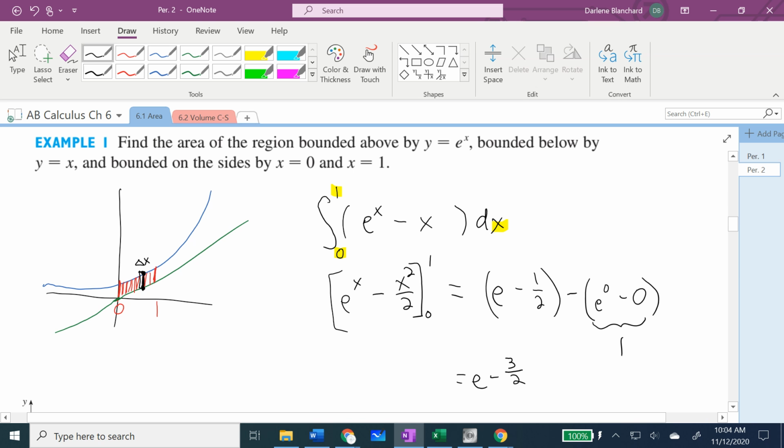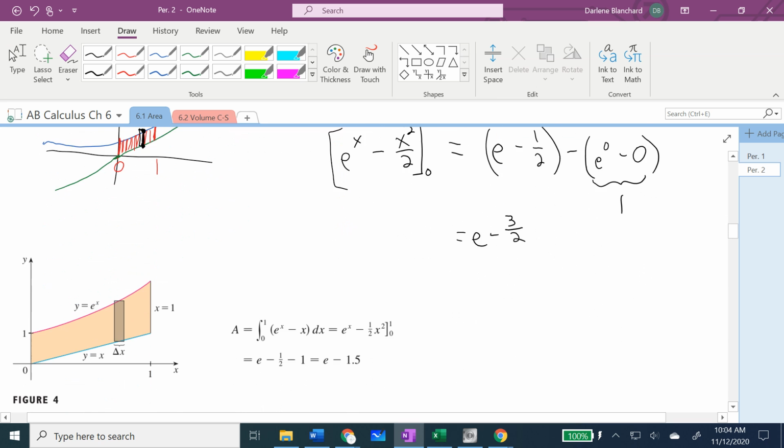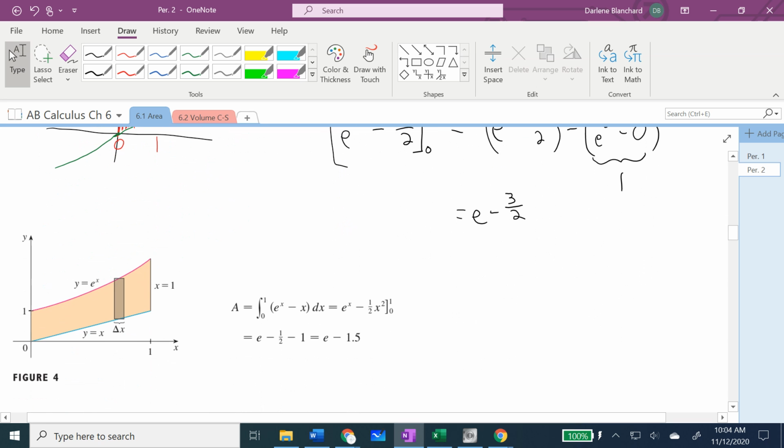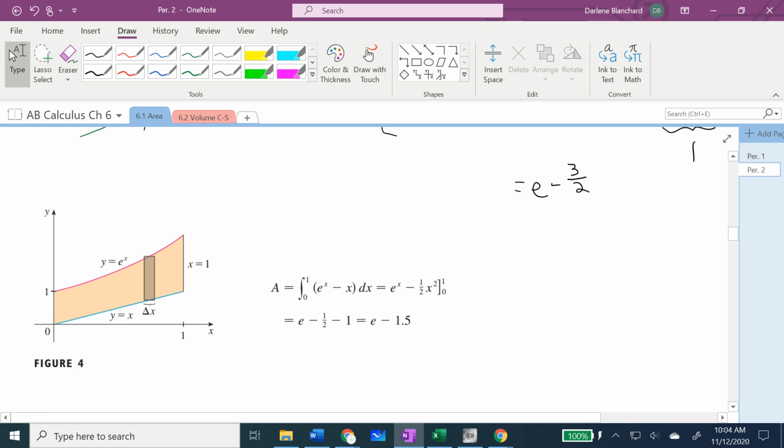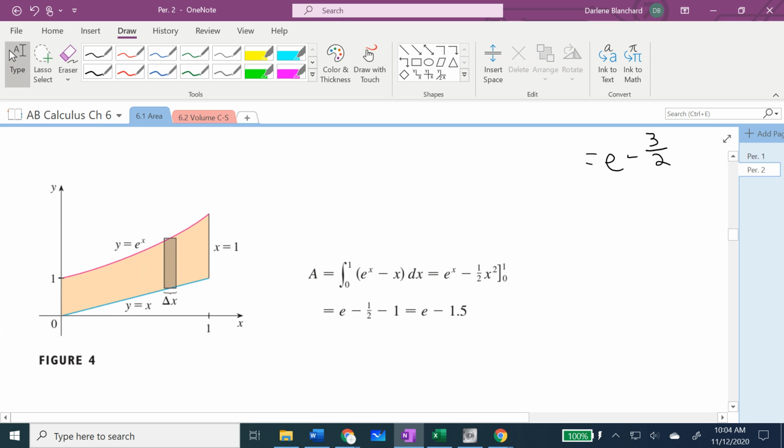Not a very big number, but we didn't expect it to be big if you look at how small that region is. And then I have a nice little clip from the textbook because they have a computer drawing as opposed to my by hand drawing.